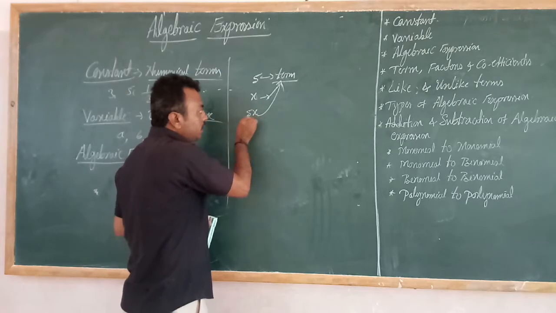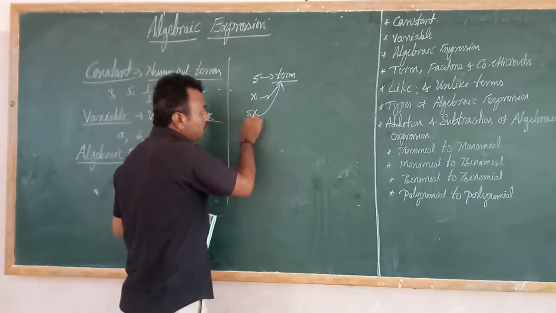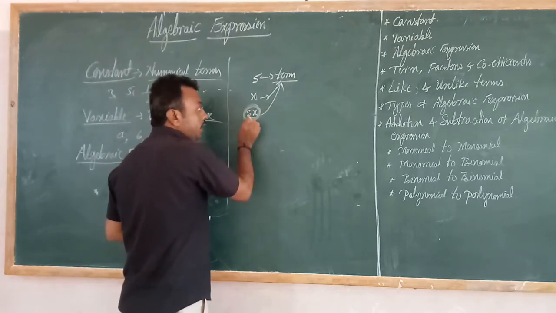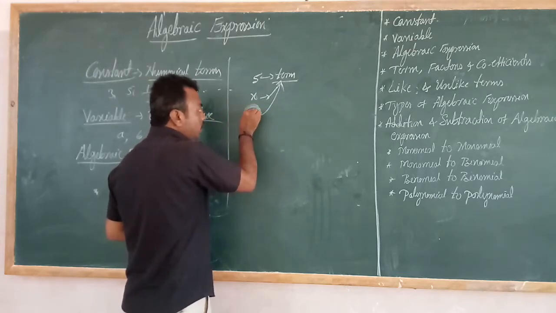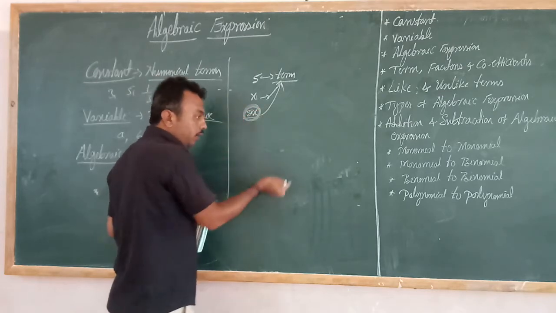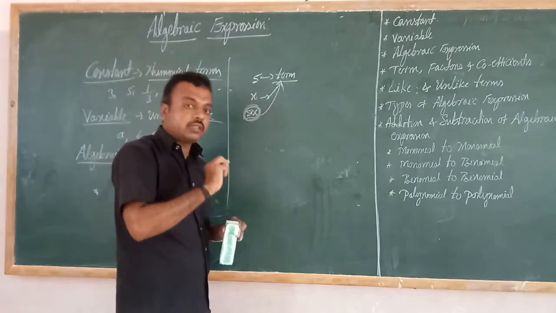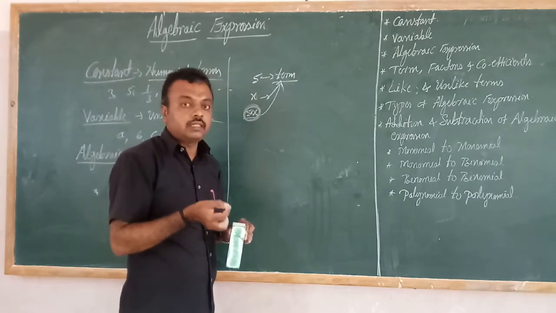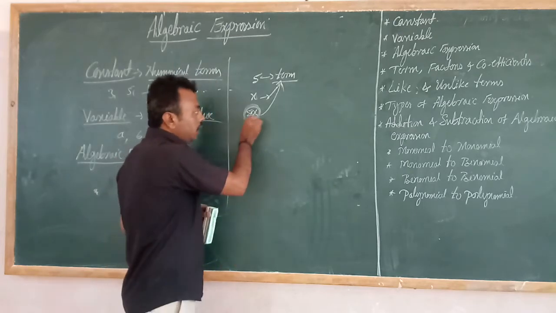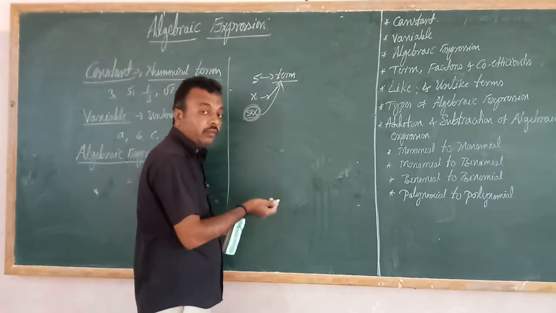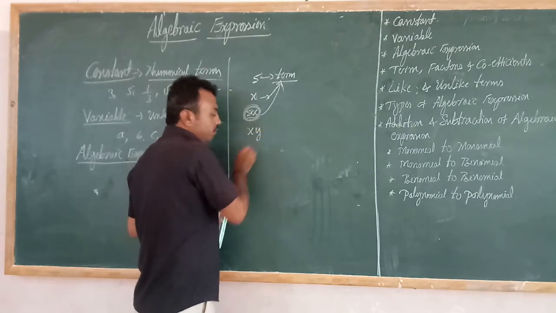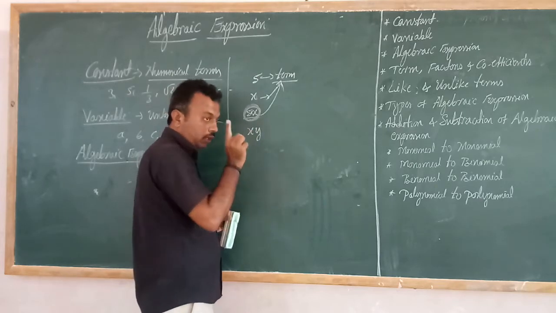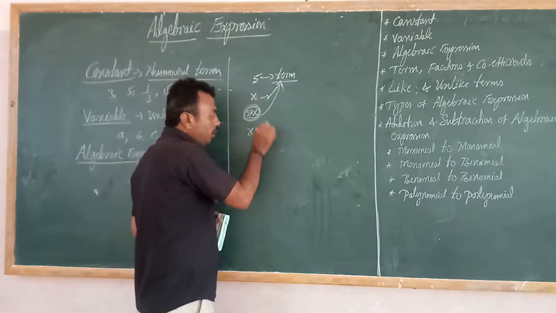So 5 and x is a combination of a numerical term and a variable term, and the whole is called an algebraic expression. It has only one term, because there is a multiplication sign in between. Between numerical terms and variable terms, or between variable and variable, if there is a multiplication or division sign, we consider it only one term. See, xy is one term. So how many terms are there? Only one term, because x is one variable and y is another variable.